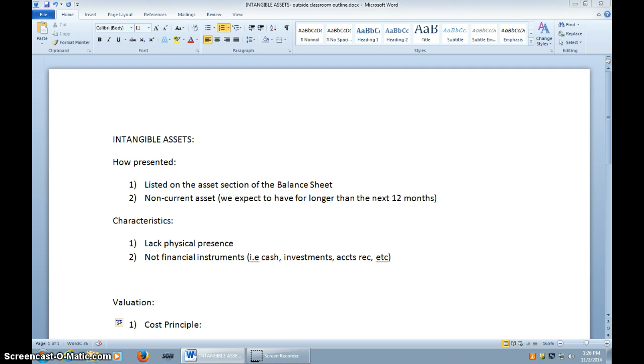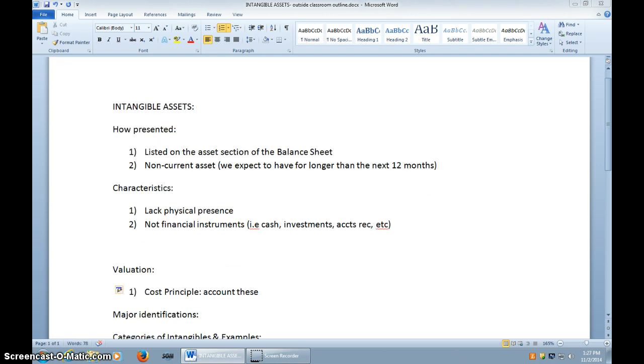The cost principle means that we're going to account for these assets at their cost.